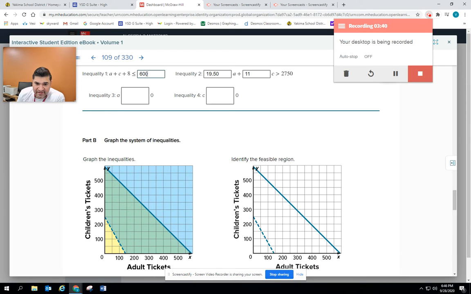So this line right here. You can have 600, but you cannot have more than that. So everything below here is appropriate.